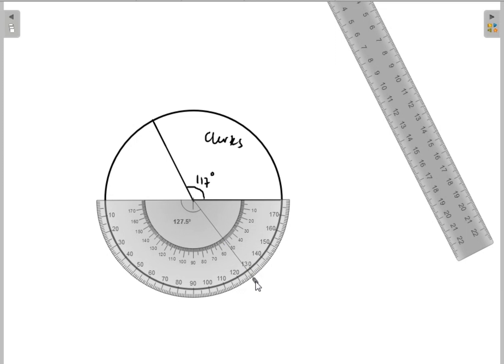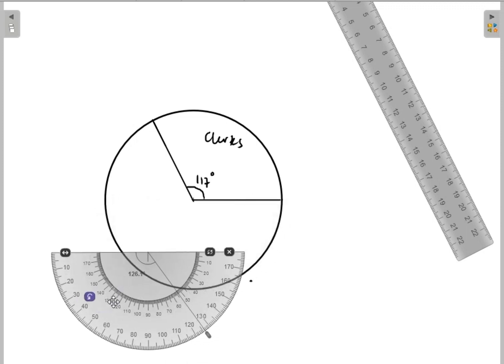One, two, three, four. Okay, let's just mark this point off. Now this is 54 degrees. 180 minus 54 is 126. That's why you're seeing 126 here. So we've marked it. Now let's move our protractor.